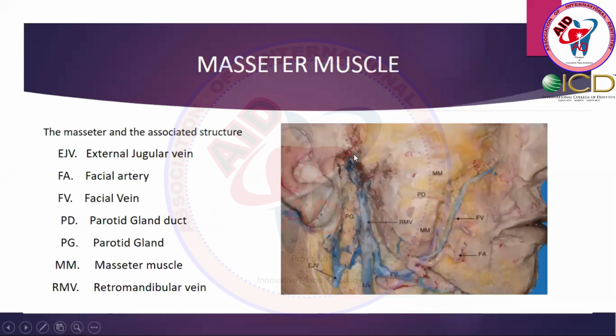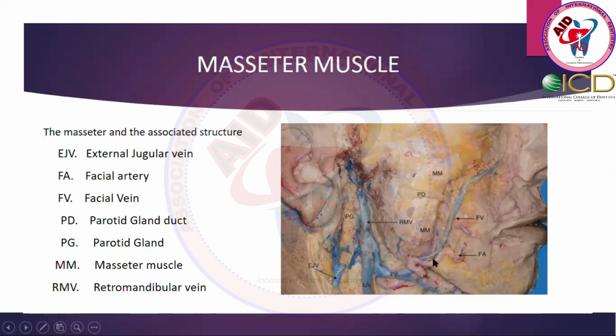When we see the cadaver again, you will see its associated structures. Here is the internal jugular vein. The external jugular vein is very important right here, as it drains the face and all the adjacent area. That is the facial artery, which is just passing anterior to the masseter muscle.